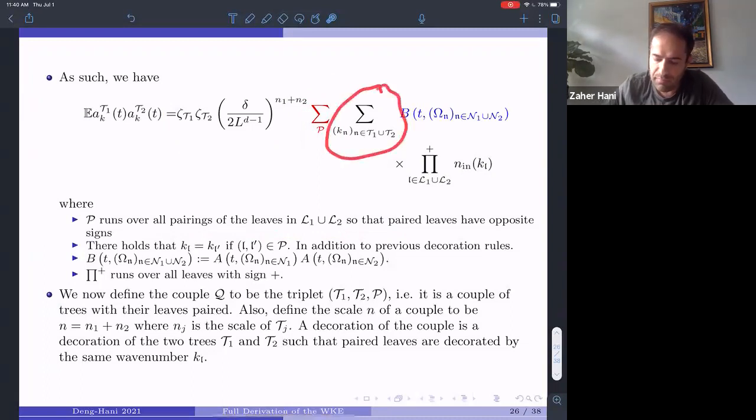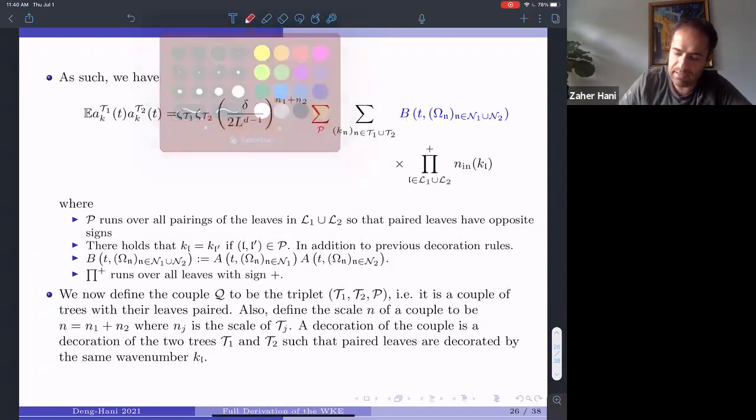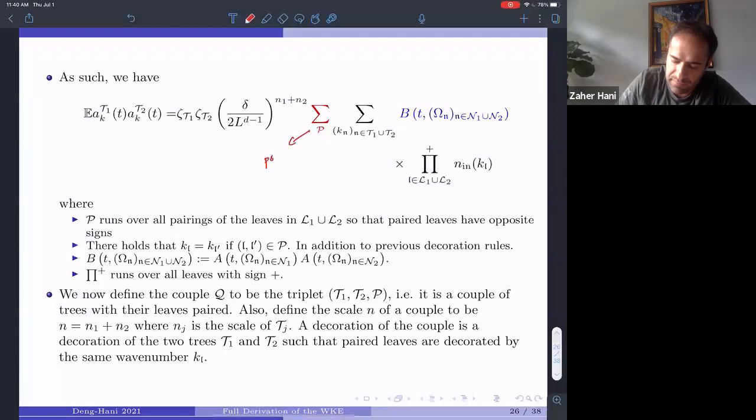This is a sum over pairings of leaves. And this is a sum over decorations of the two trees.